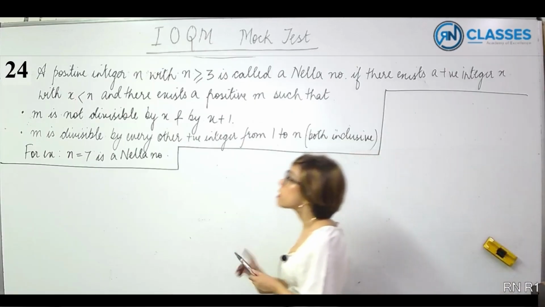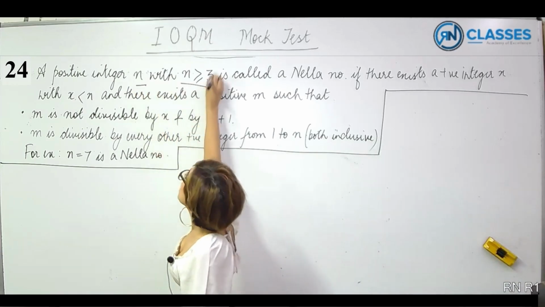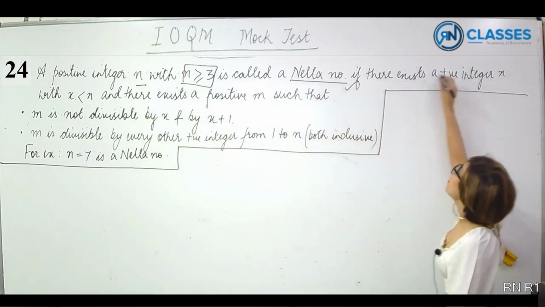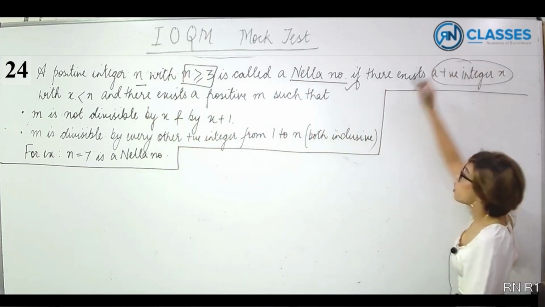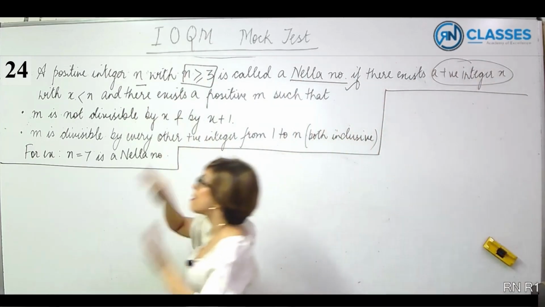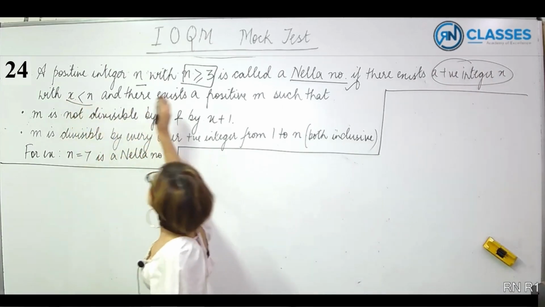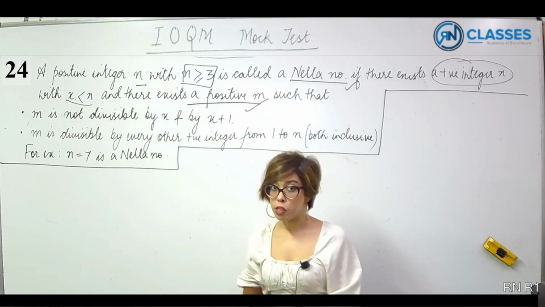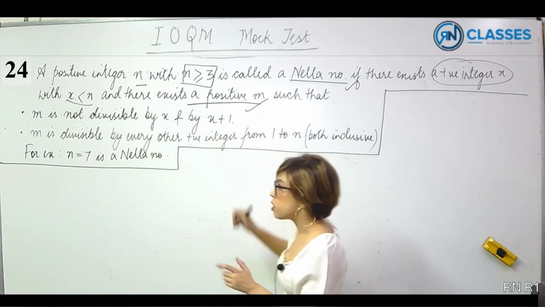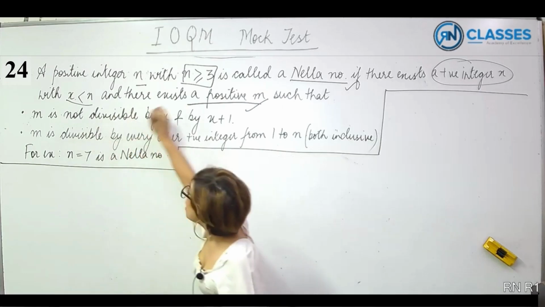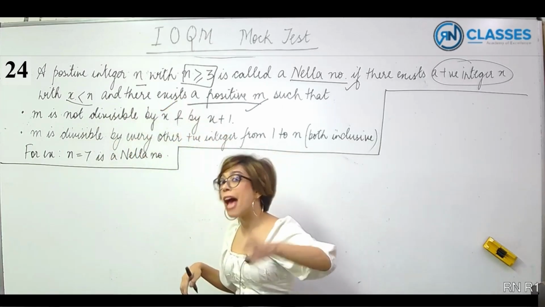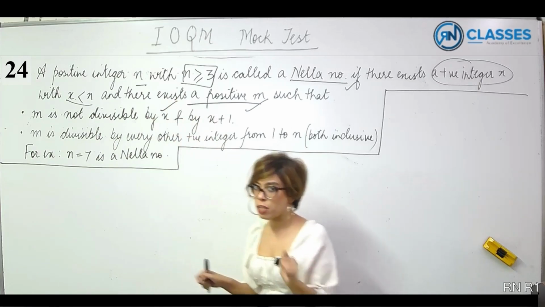Now he says a positive integer n, with n greater than or equal to some value, is called a Nella number if there exists a positive integer x where x is less than n and there exists a positive integer m such that two conditions hold. The first: m is not divisible by x and m is not divisible by x plus 1.